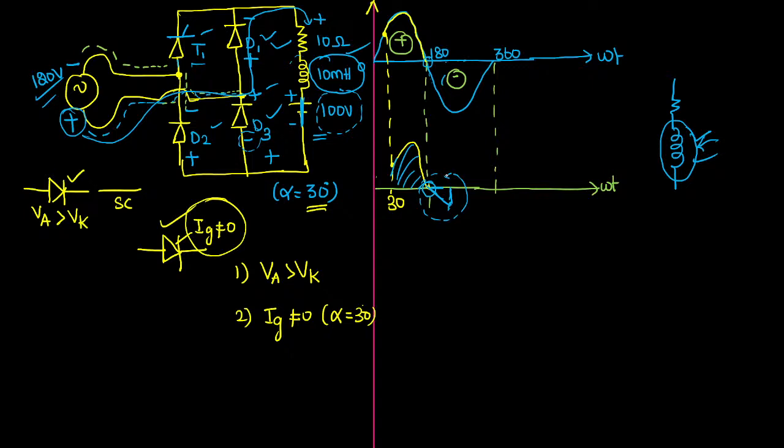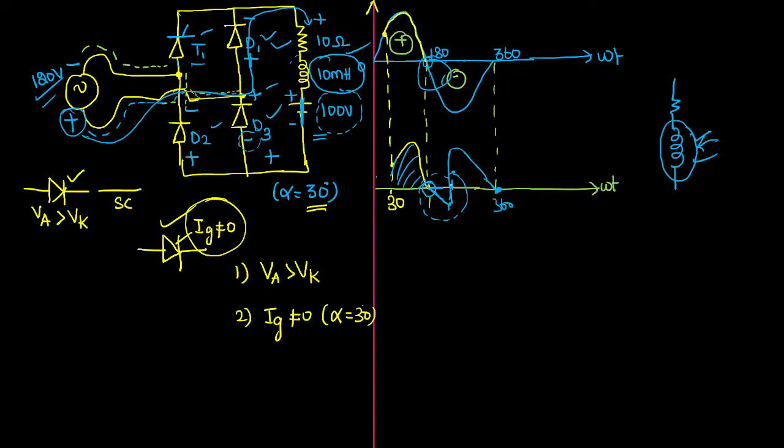Did you observe this negative supply? This negative portion will get reflected in the output due to the presence of the inductive load. After that, once again positive voltage will appear here. Then after 360 degree, what will happen? The same cycle will get reflected.